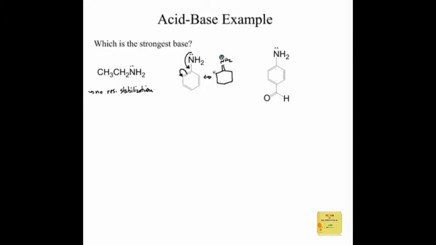That makes an N plus and a C minus. And are there any other resonance forms? There sure are. This lone pair is still allylic, and we can go on and move that negative charge around the benzene ring carbons. So there's a difference right away between these two amines.